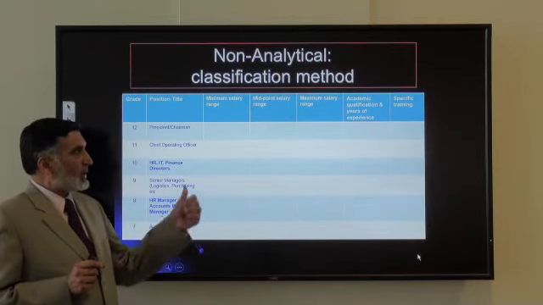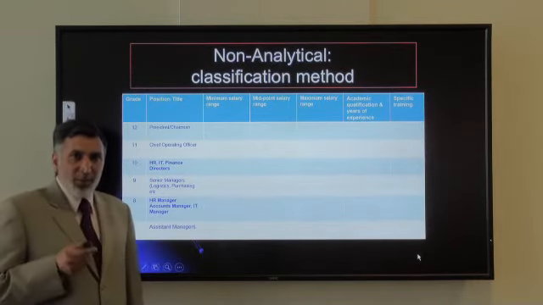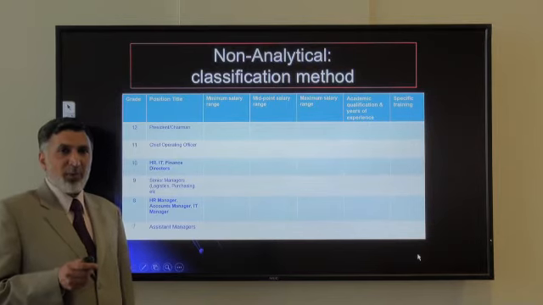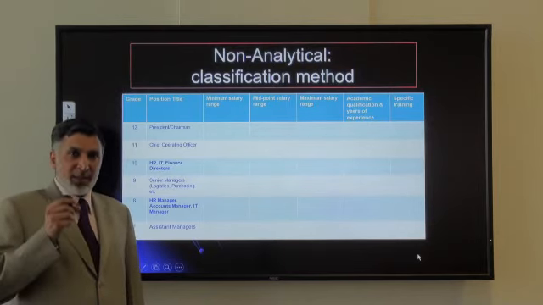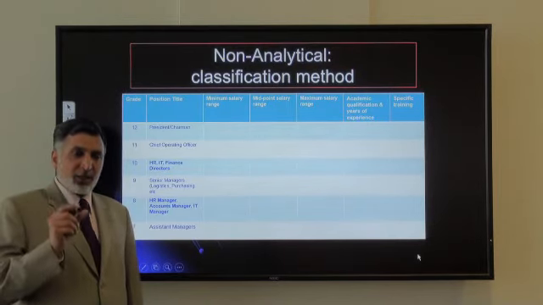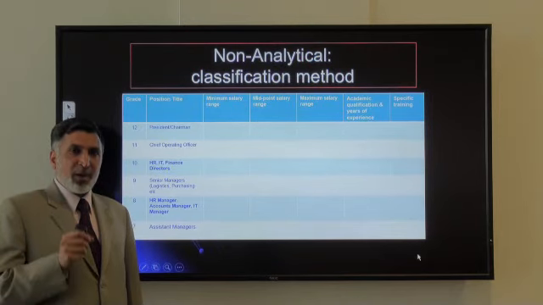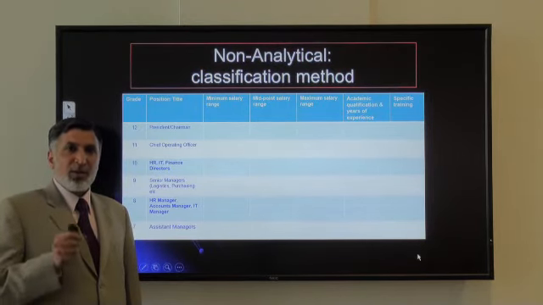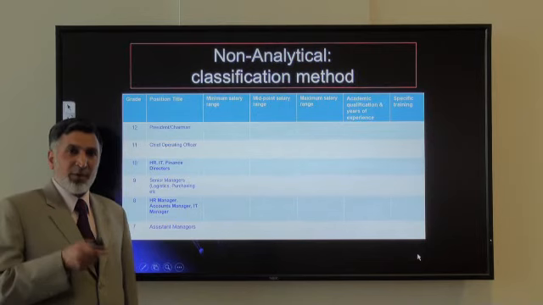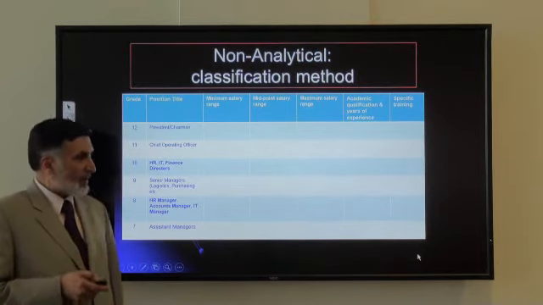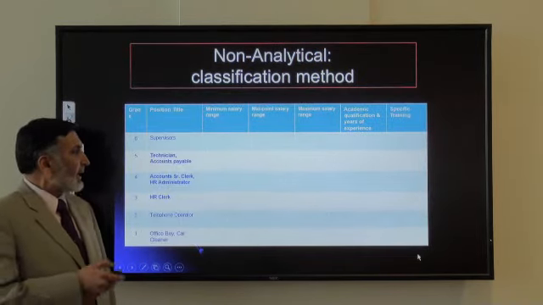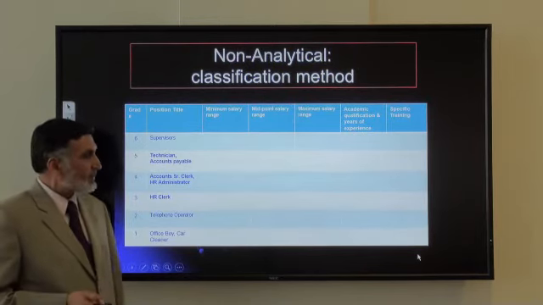And in the following lectures, we will talk about the minimum salary, how we develop the salary ranges, upper bounds and lower bounds, and what the spread will be. We will talk about that in the following lectures. And then we place these 12 grades.